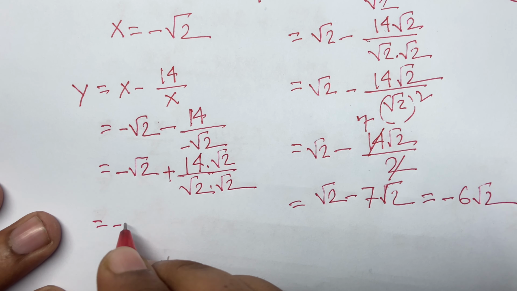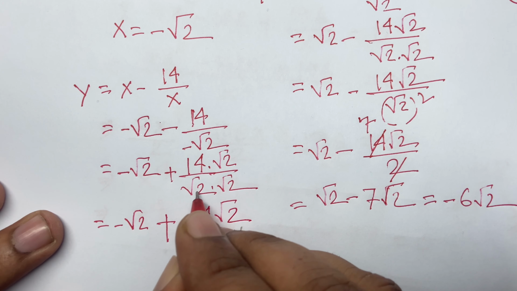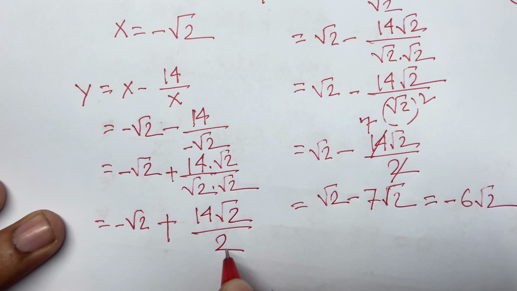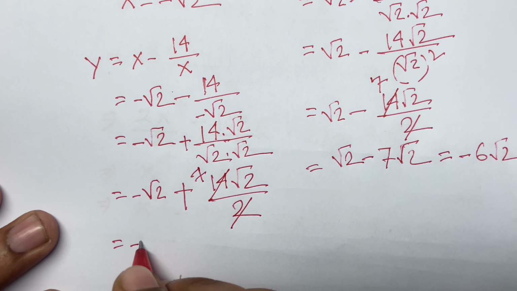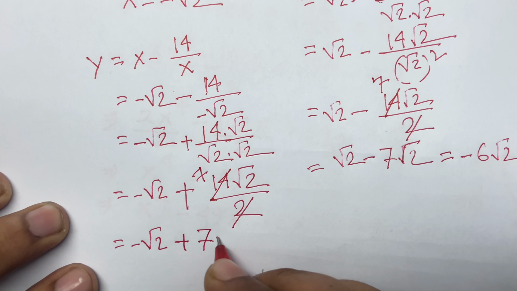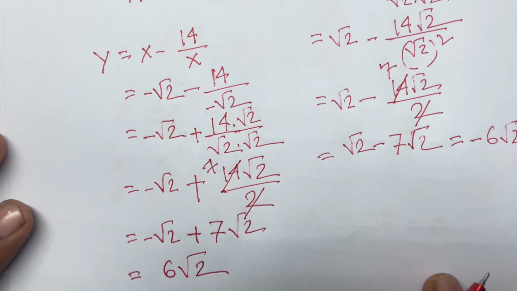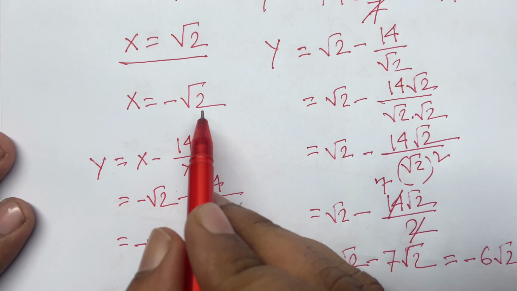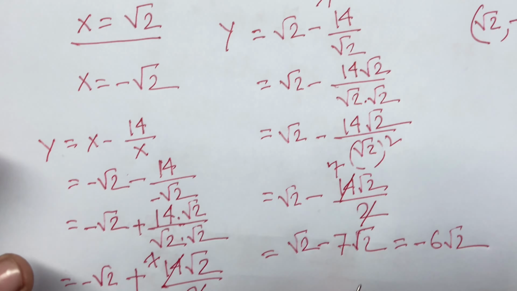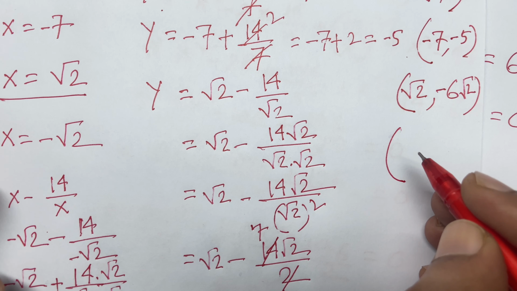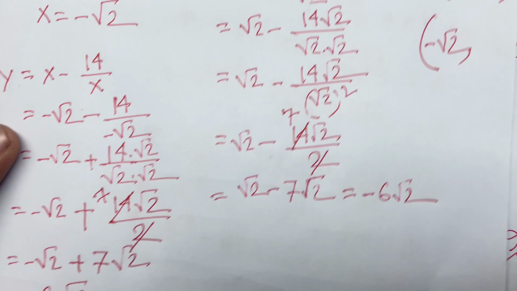So I can say minus square root 2 plus 14 square root 2 over 2, because square root 2 times square root 2 is equal to 2. 14 divided by 2 is equal to 7, so minus square root 2 plus 7 square root 2, and here is plus 6 square root 2. I mean, when x is equal to minus square root 2, this time y is equal to plus 6 square root 2. So this value is (minus square root 2, plus 6 square root 2).